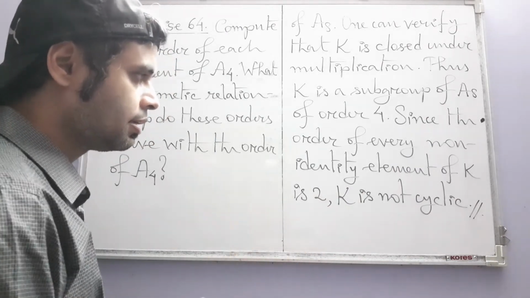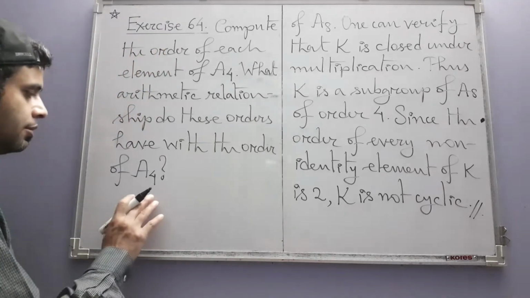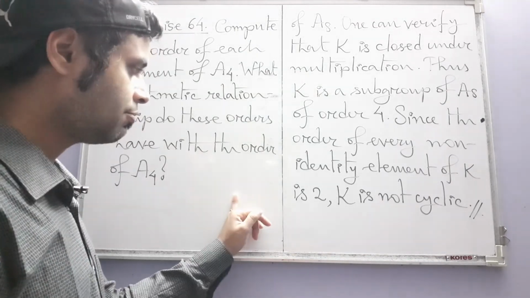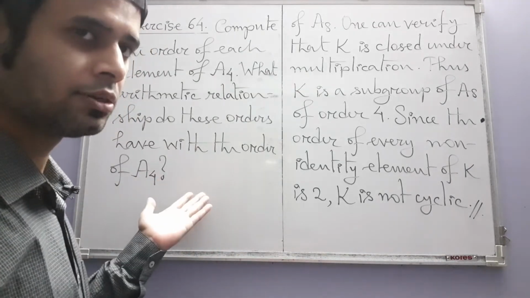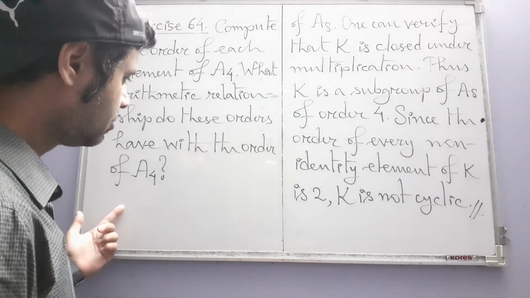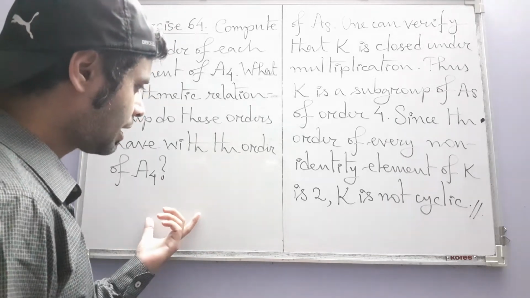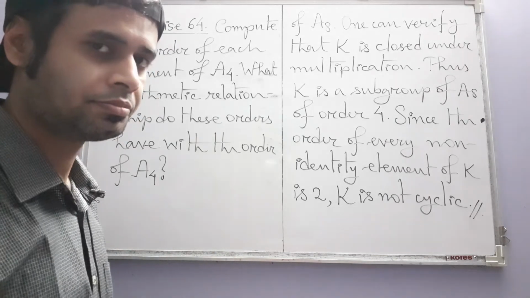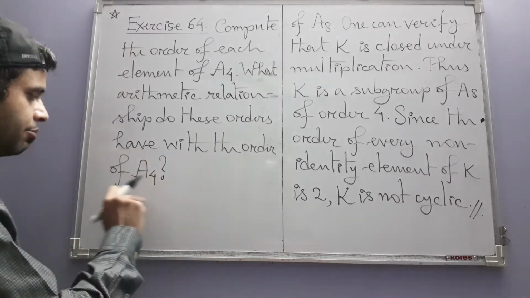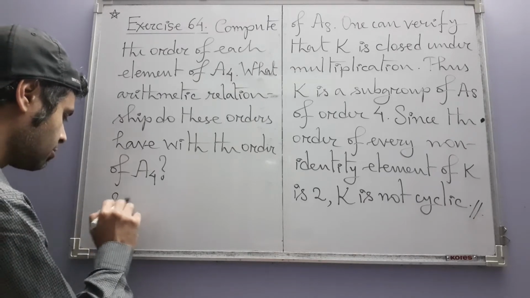Actually, only the cycle lengths matter. So we do not need to know all the elements of A4. We already know there are only 12 elements in A4, but we just need to know what the different cycle structures of its elements are. So we write the solution like this.